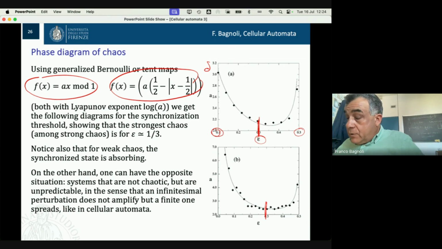And you see that this is the line, with the experimental points, for which there is a transition. This is a parameter, say A, the parameter that determines the chaoticity of the system.